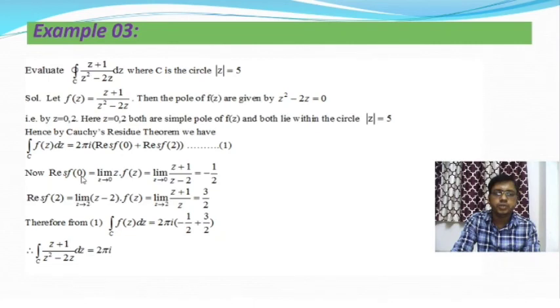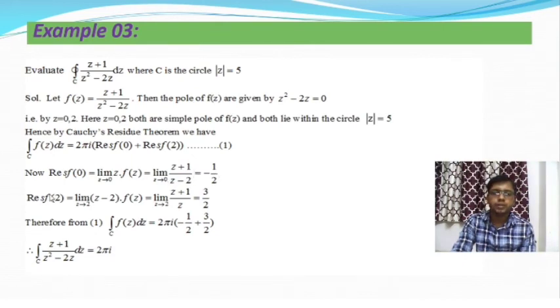So at z = 0, this is the general formula for residue: limit z tends to 0 of z times f(z), and from this we find the value of the function (z + 1)/(z − 2), and it will be −1/2.